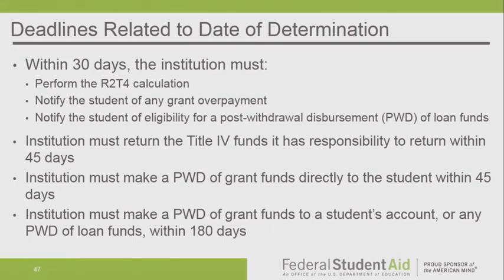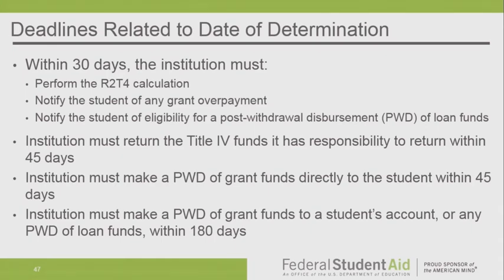You also have another time frame, which is returning the funds. If you determine that there were unearned funds and money has to be returned, the school owed portion has to be returned within 45 days, not of the R2T4 calculation, but the date of determination.